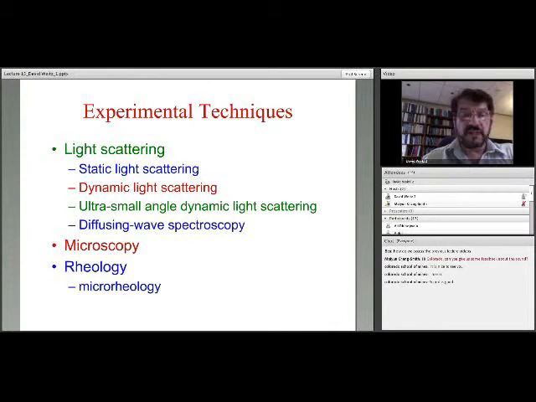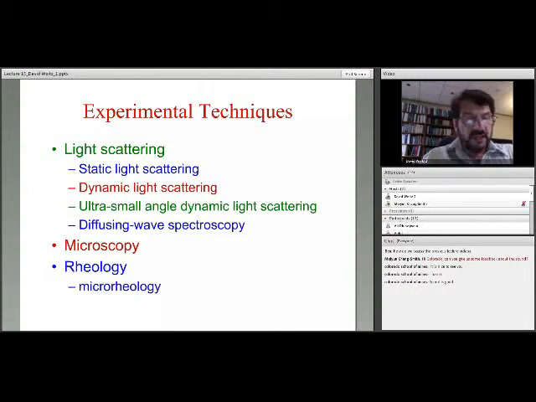Now, more recently, light scattering and scattering techniques have been replaced by microscopy, and that's why confocal microscopy and colloids are the two lectures that I'm going to discuss, because confocal microscopy is now a tool that is very widely and successfully used to study the behavior of colloidal particles.